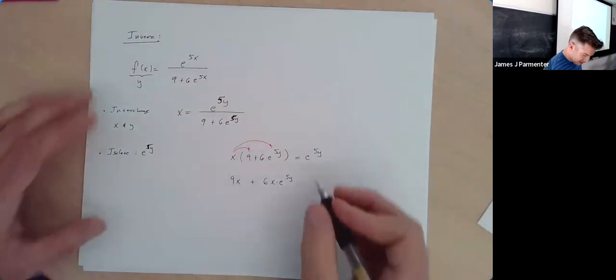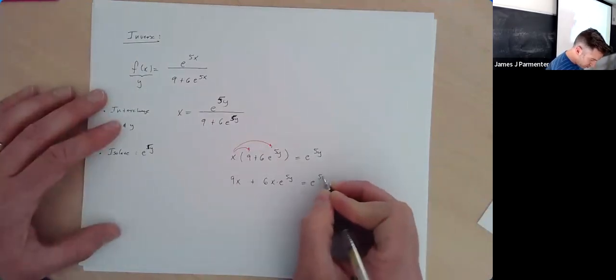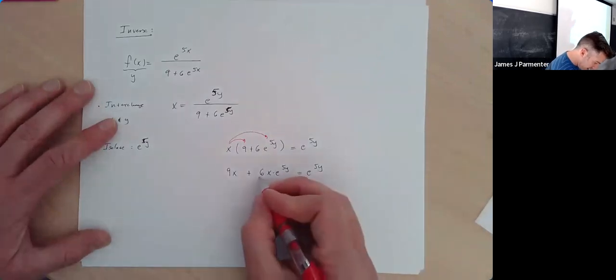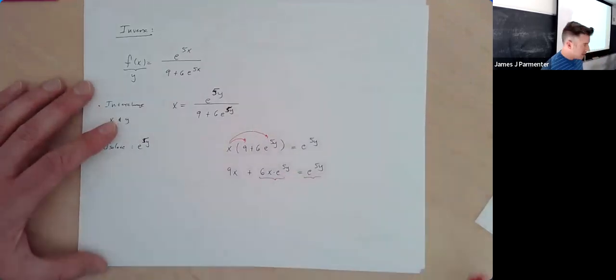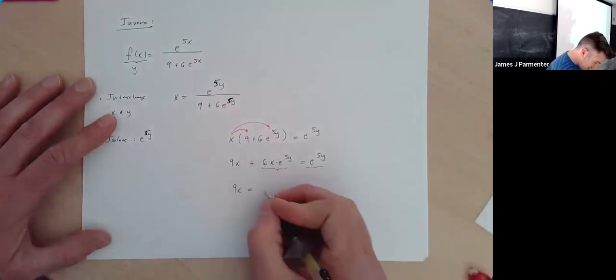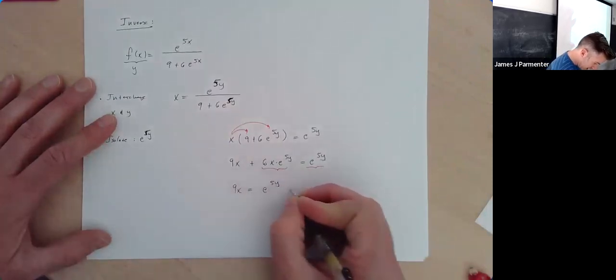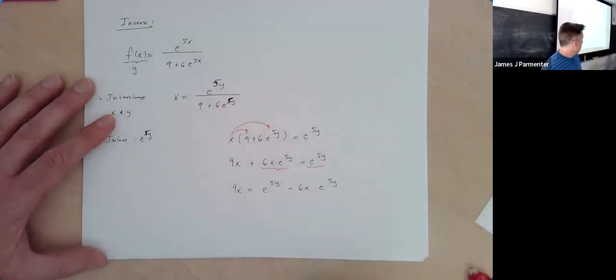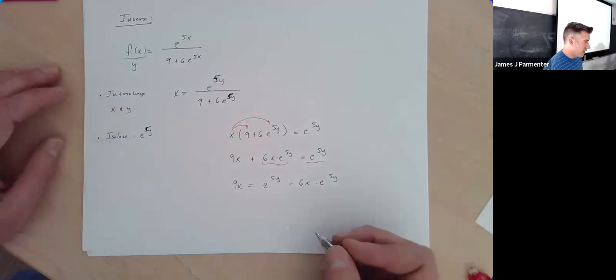I would put the x there because that just feels normal to me. Then I'm going to bring all the things that have e to the 5y on the same side, so I'm going to subtract this over there. Say 9x equals e to the 5y minus 6x times e to the 5y. Then I'm going to factor out the thing I'm trying to isolate.